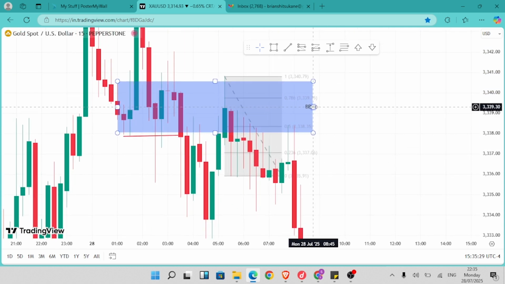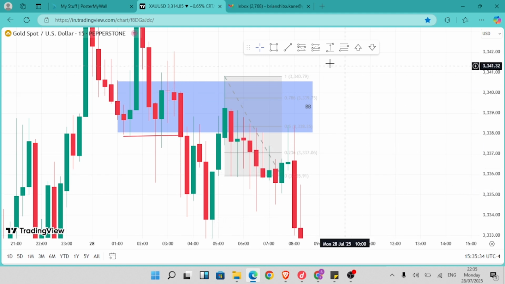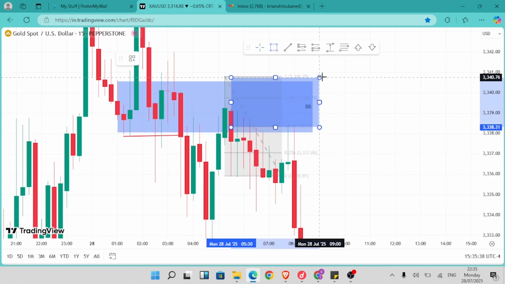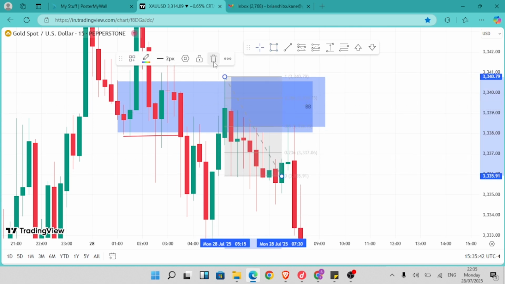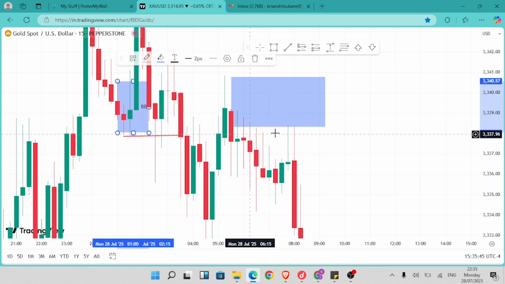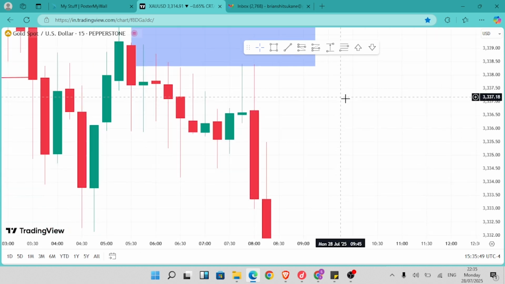Good. So we have price into the breaker, which gives us a dealing range. We want price to come back into this dealing range, the premium of this dealing range, and we engage, and we see that is what happens at this point.